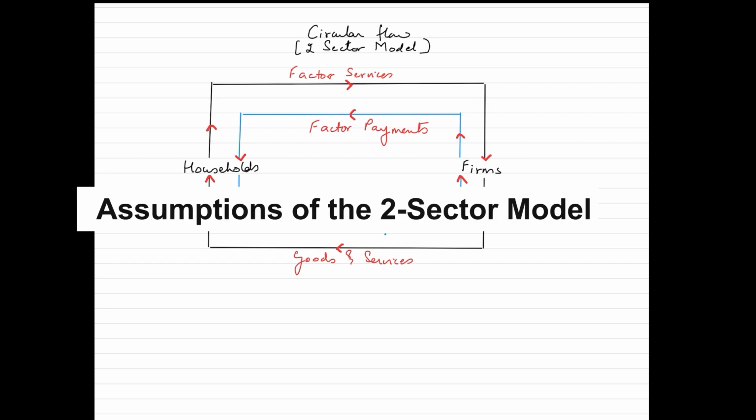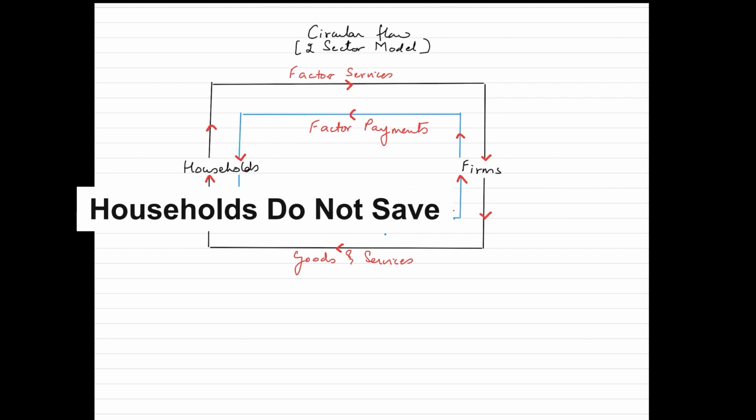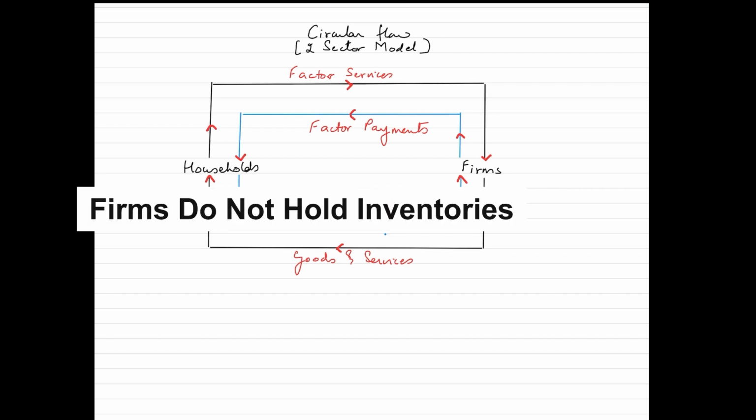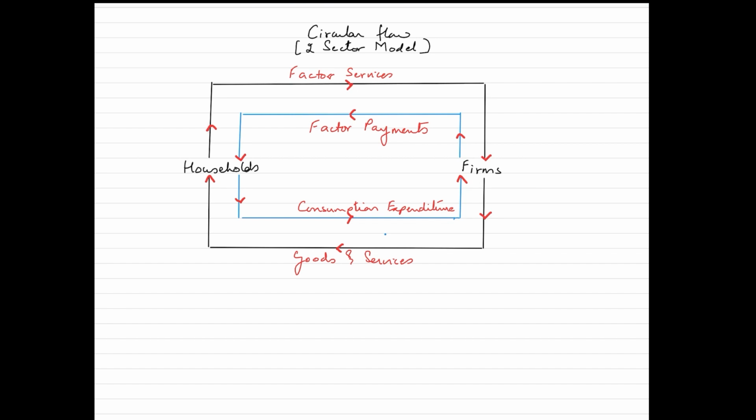The assumptions that we make under the two-sector model are that both households and firms do not save their income, households do not save and firms do not hold any inventory. That is, whatever they are producing is getting sold out in the market. There is no need for them to hold any inventories. Given those assumptions, this is how a two-sector model without any financial sector is depicted.